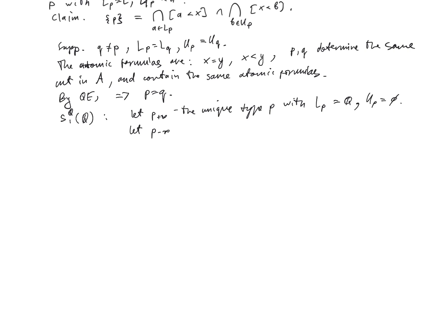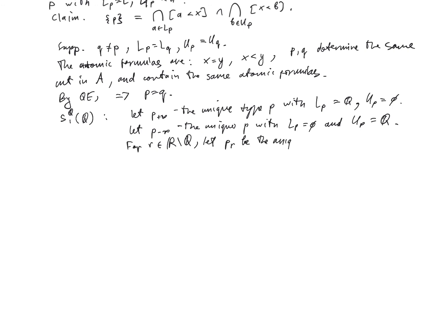Similarly, we can take P minus infinity, the unique type P with LP empty and UP all of Q. For R, a real number which is not rational, we can define PR to be the unique type P such that LP corresponds to all rational numbers A so that A is below R, and UP consists of all B in Q so that R is below B.